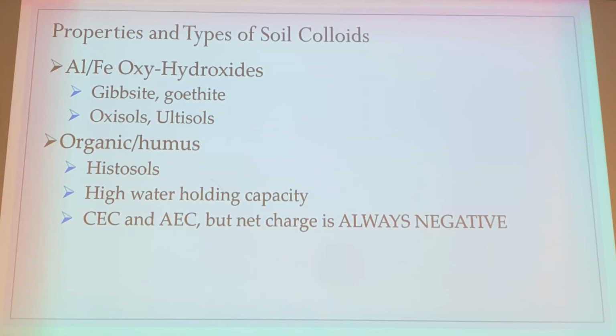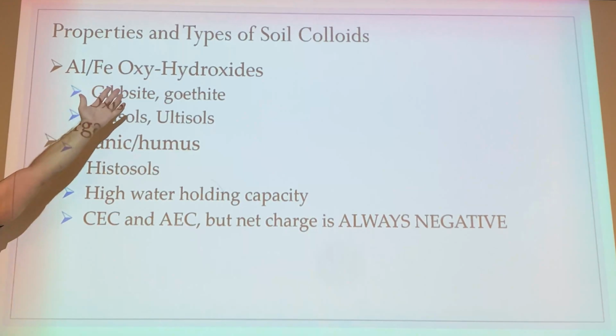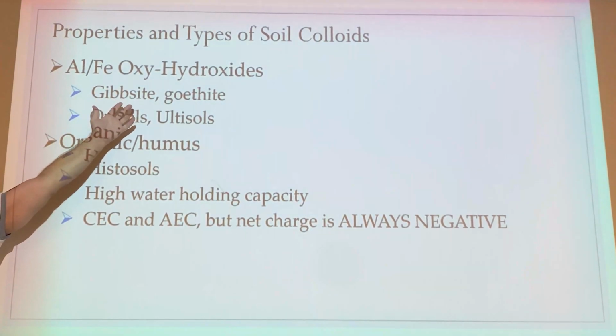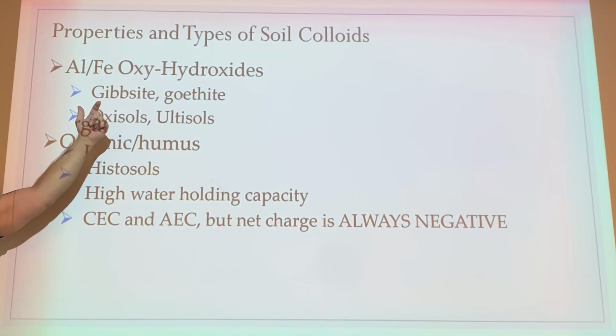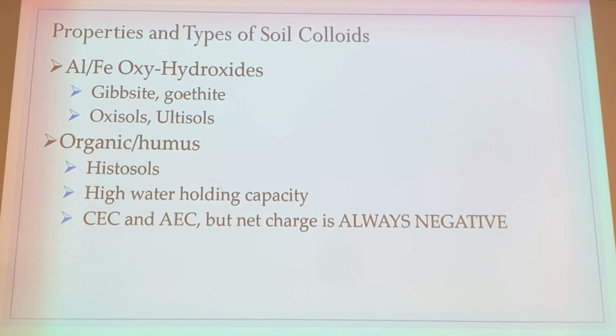The only thing left in those soils are going to be what? Aluminum and iron. But aluminum and iron typically have a charge of +3, so they can hold on to 3 of those nitrates or 3 of those phosphate anions.